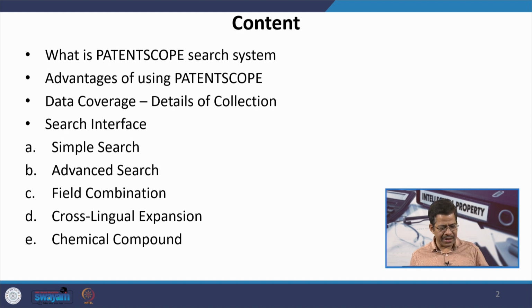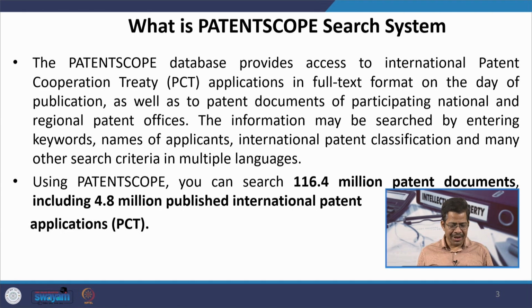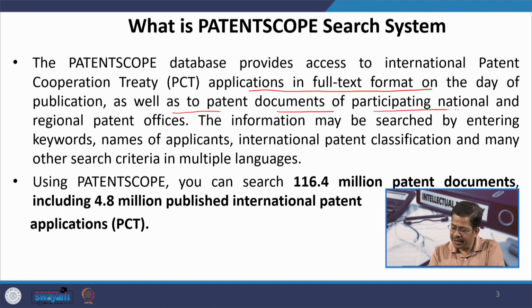So, let us start with what is this PATENTSCOPE search system. The PATENTSCOPE search system provides access to international patent treaty, that is PCT applications in the full text format, as well as to the patent documents of the participating national and regional patent offices.